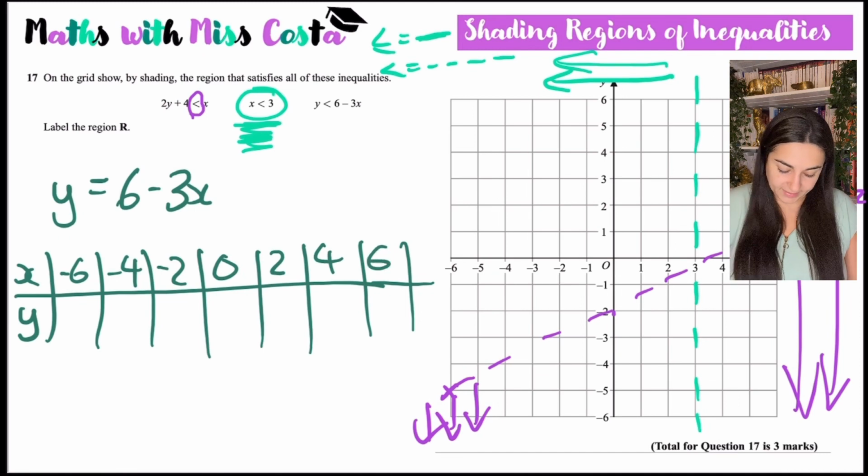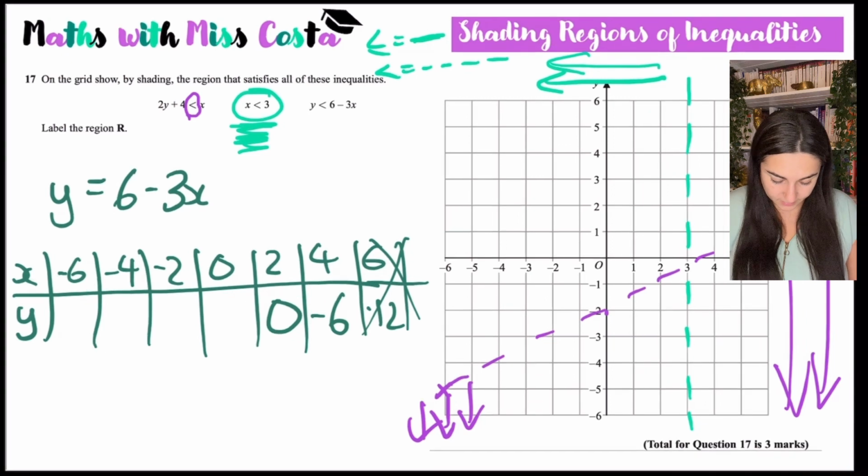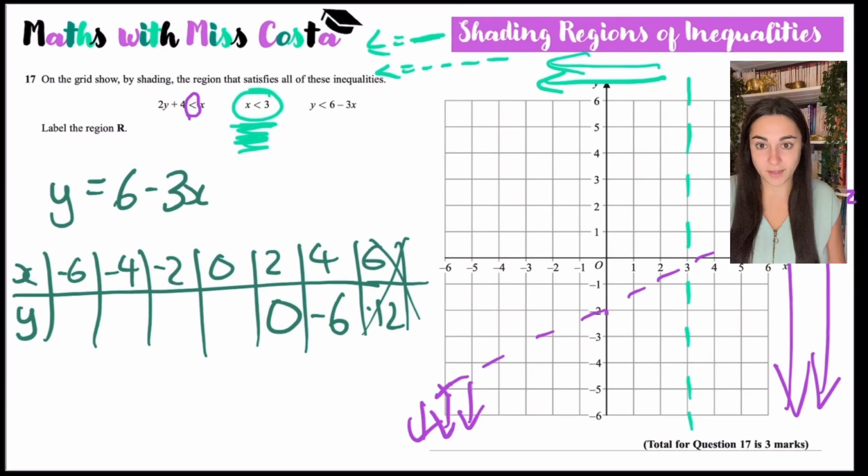Okay, so 6 take 3x, so 6 take 18 is -12. That won't appear on the graph. Then we've got 6 take 12, which is -6. Then we've got 6 take 6, which is 0. Then we've got 6 take away 3 times 0, which is 0, so that would be 6.